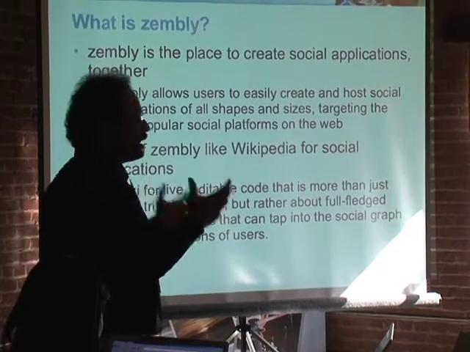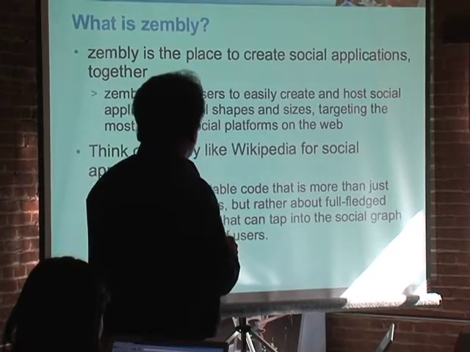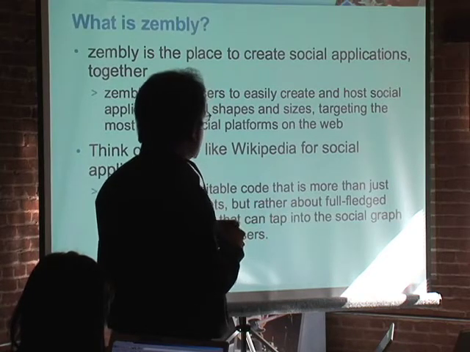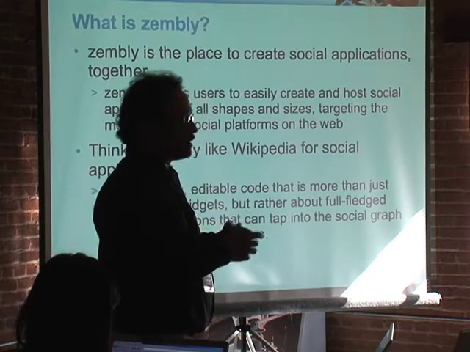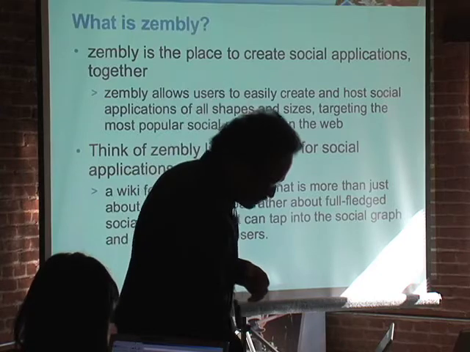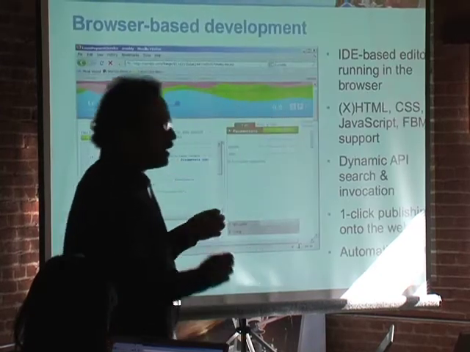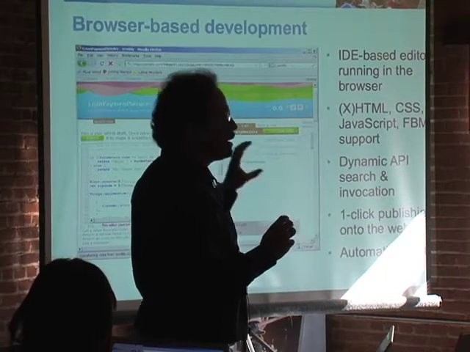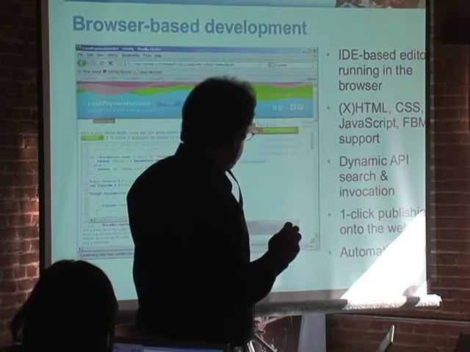So it's live editable code that's available to you, and it's not just trivial widgets, but building full-fledged social applications that can tap into your social graphs and reach millions of users. So again, you do your development in a browser. There's an IDE class editor running in the browser.